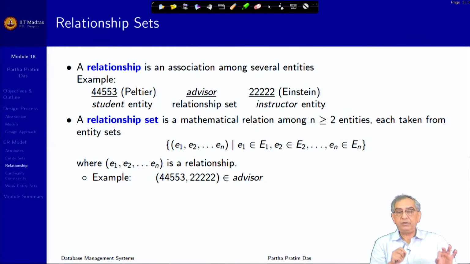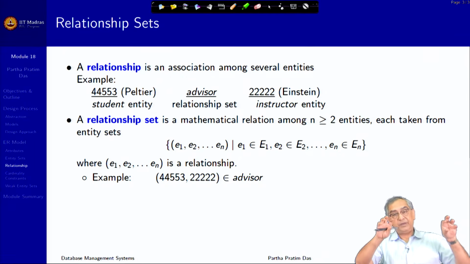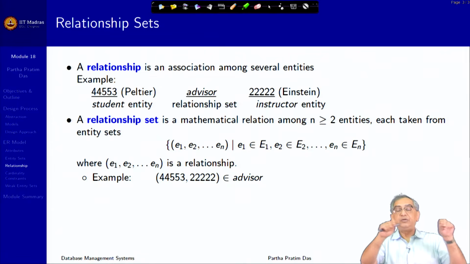We have students, we have instructors, and we are interested to define a relationship of advisor, which says that if Peltier is related to Einstein, it means that Einstein is the advisor or supervisor for Peltier. So, advisor is a relationship set which has the primary key of the student entity and the primary key of the instructor entity, denoting that these two are related.